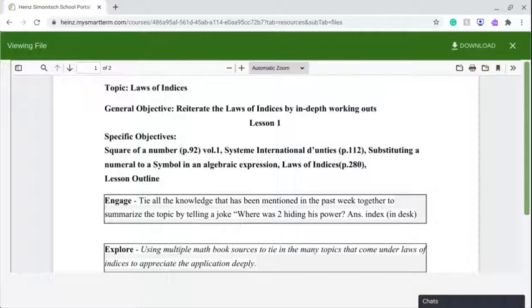The squared number is an application of something called laws of indices. Anyone remember what laws of indices is? Right. So you're going to say the square of a number is an application of laws of indices.